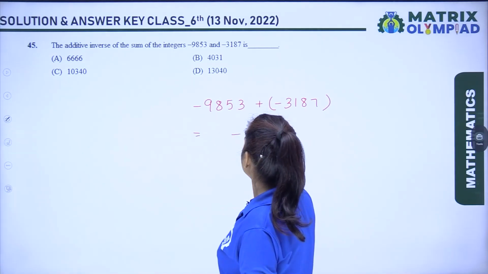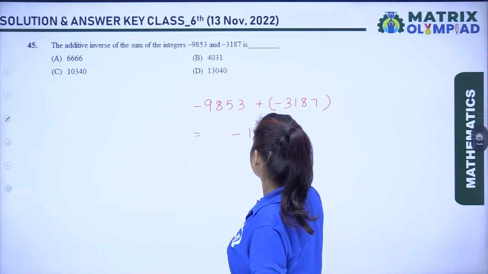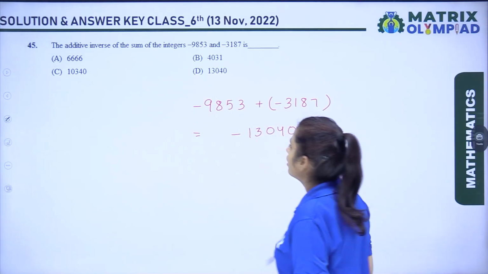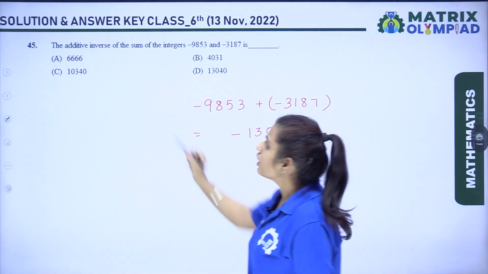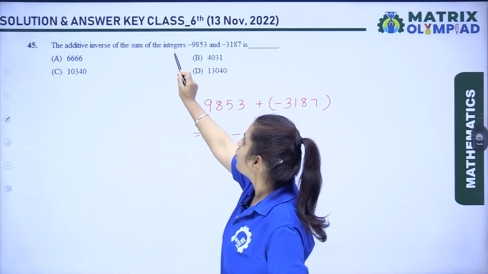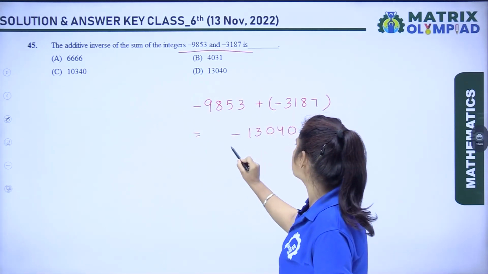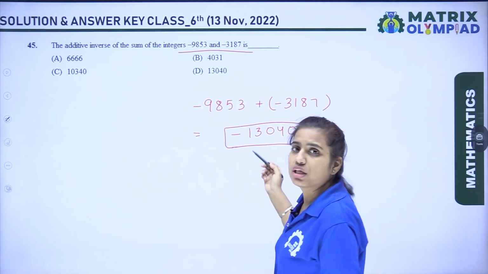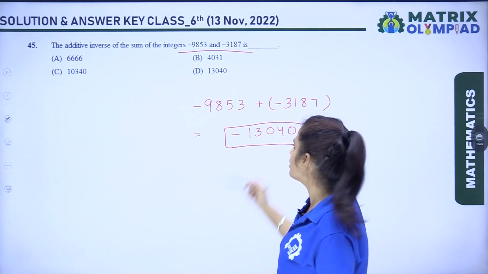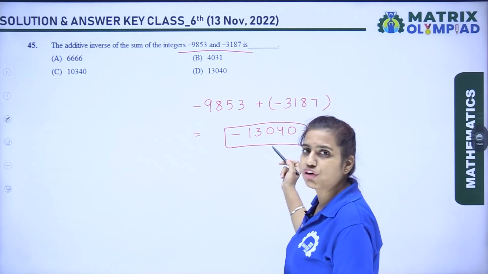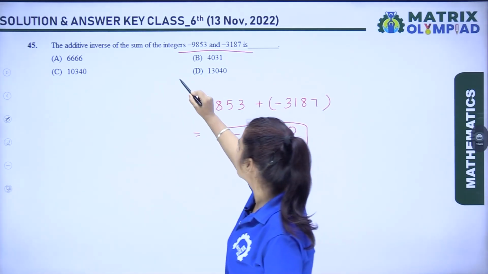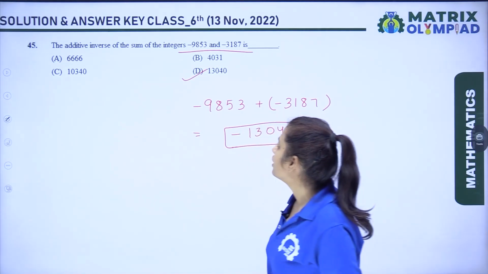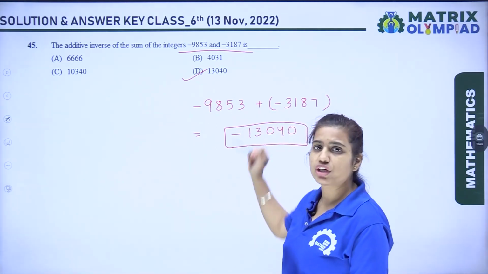Now, the sum of both the numbers is minus 13,040. Now, we have to find out the additive inverse of the sum of the integers. Now, the sum is 13,040 in the negative form. Now, the additive inverse of this number is positive 13,040. So, the correct answer is option D, that is 13,040.